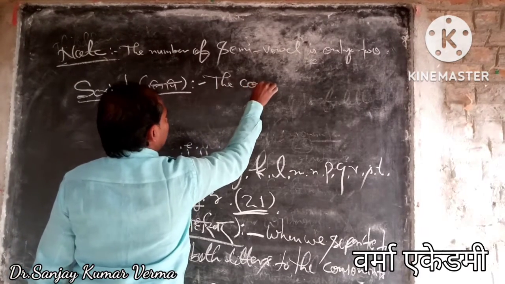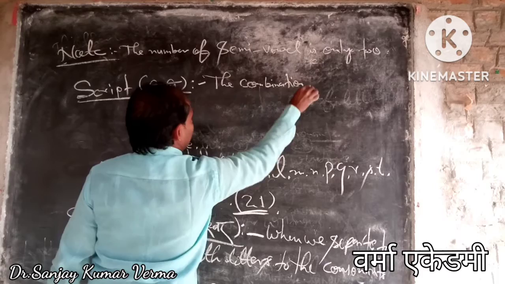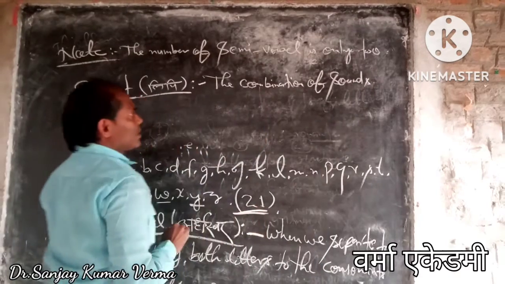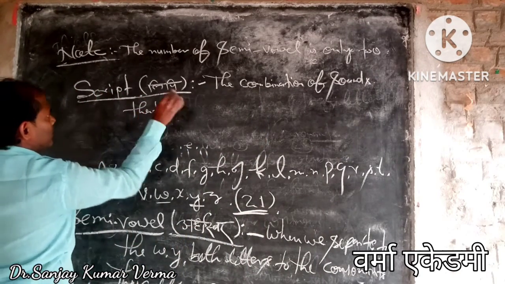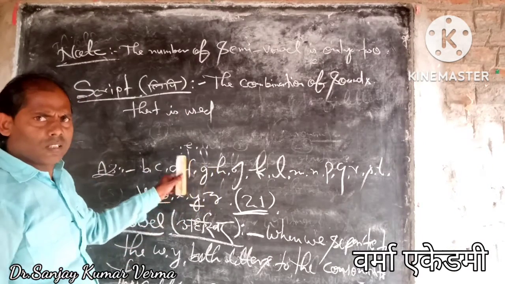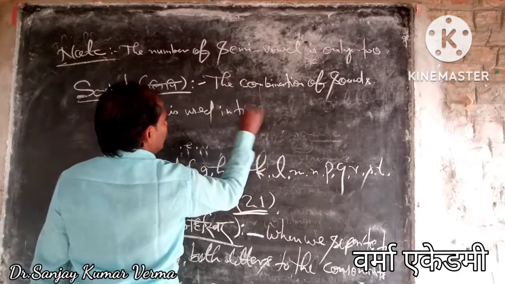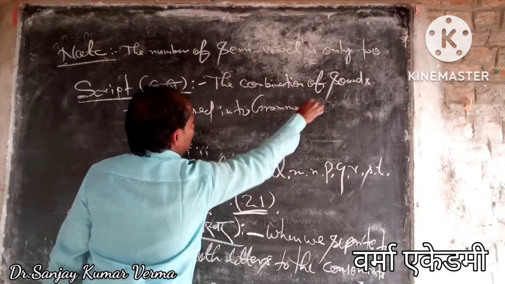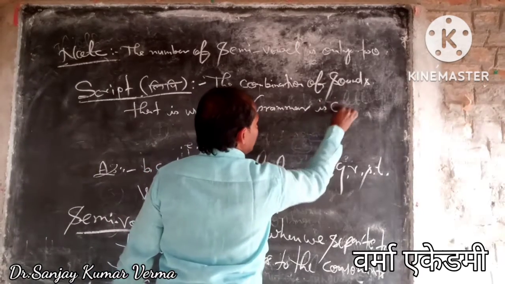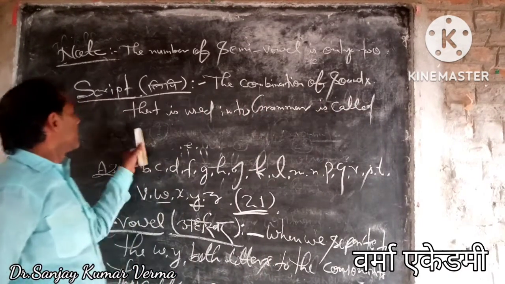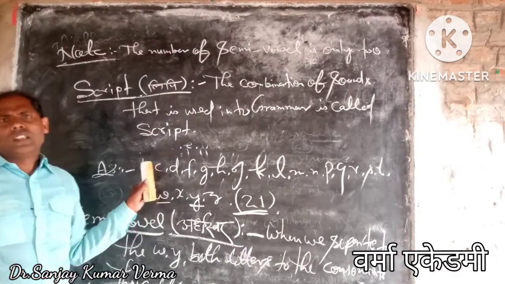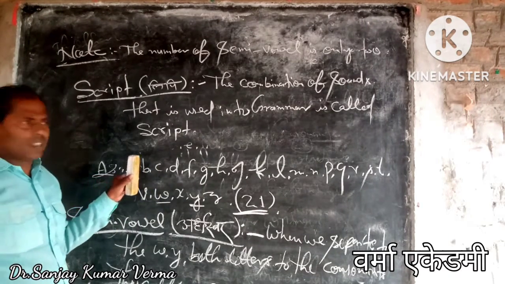The combination of sounds that is used in grammar, okay, is called script. Script means lipi.